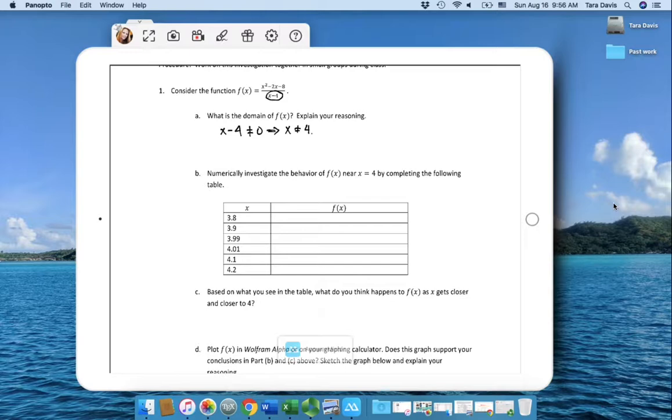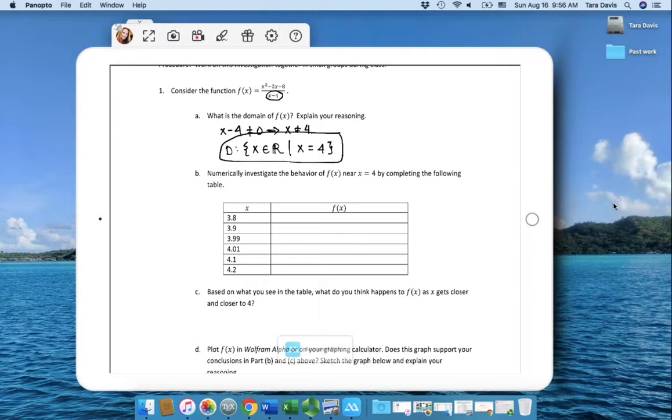And so this is kind of like our reasoning, okay? And then the answer of what the domain actually is would be the set of all x in the real numbers such that x doesn't equal 4. Okay, so I'm just going to put my answer in a little box to make it easier to read.